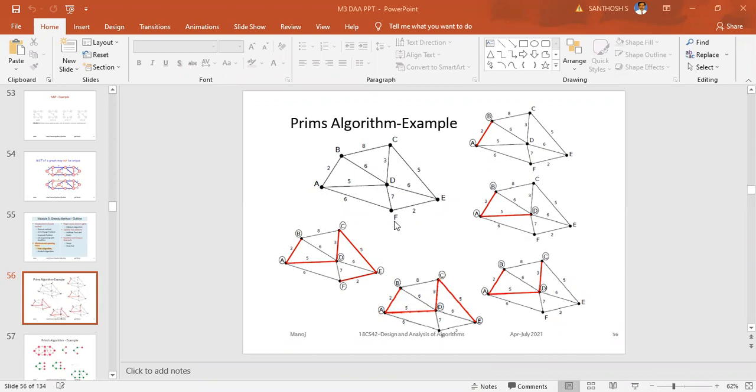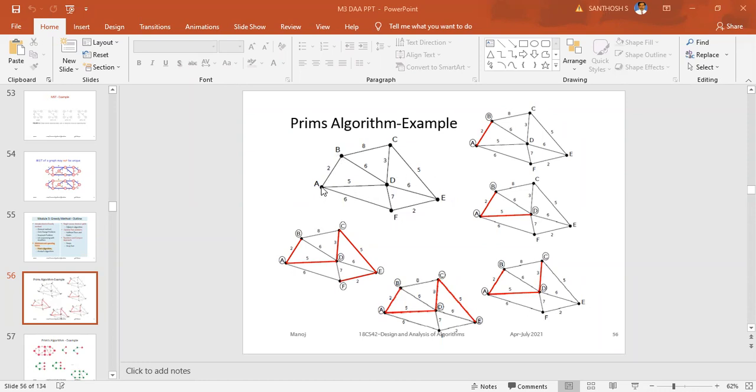Understand this particular concept. This many nodes you are having. In that, you are starting with the source node A, because A, B, C, D, E, F. So source node we take as A and destination node we take as F. Which is the destination node? The last node we call the destination node and the first node we call the source node.